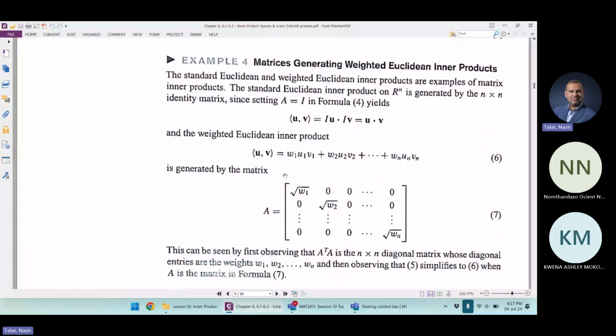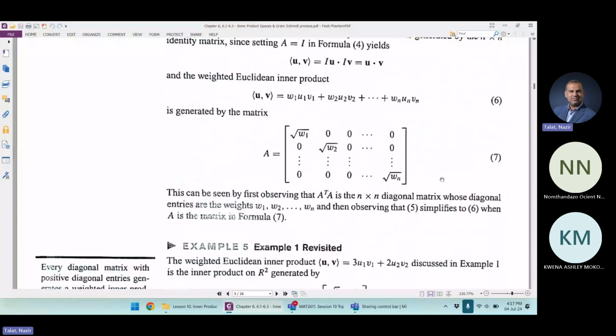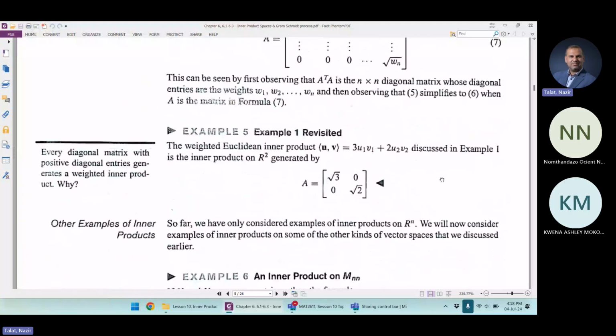For instance, if we have some positive real numbers w1, w2 up to wn, then we can take a matrix A with the help of those, and when we multiply, we can compute this kind of inner product between the two vectors. For instance, this is the weighted inner product.